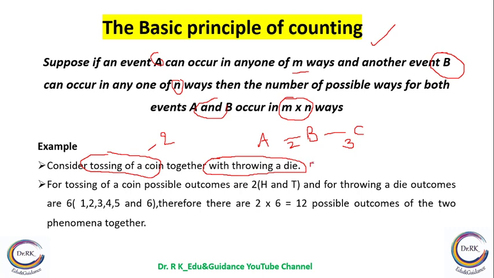In the second case, event B, throwing a die, there are 6 possible outcomes, that is, 1, 2, 3, 4, 5, 6. If we ask what the total possible outcomes are combining these two events together, that is nothing but 2 into 6, which is 12. Knowingly or unknowingly, we use this frequently in this course. That is called the basic principle of counting.